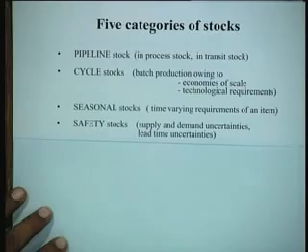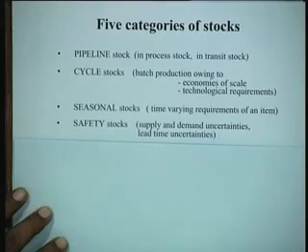If you are 100% sure that your demand during the month is 100, you will order 100 and be satisfied with it. But if it happens that in some periods it is 80, in other periods it's 120, so there are these kinds of uncertainties. So you have to maintain some kind of safety stock of these items so that you don't run out of stock in that particular period.